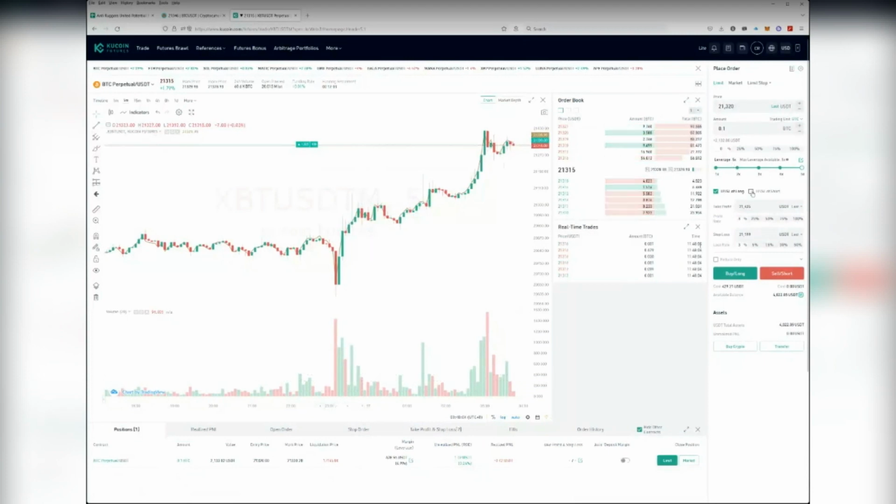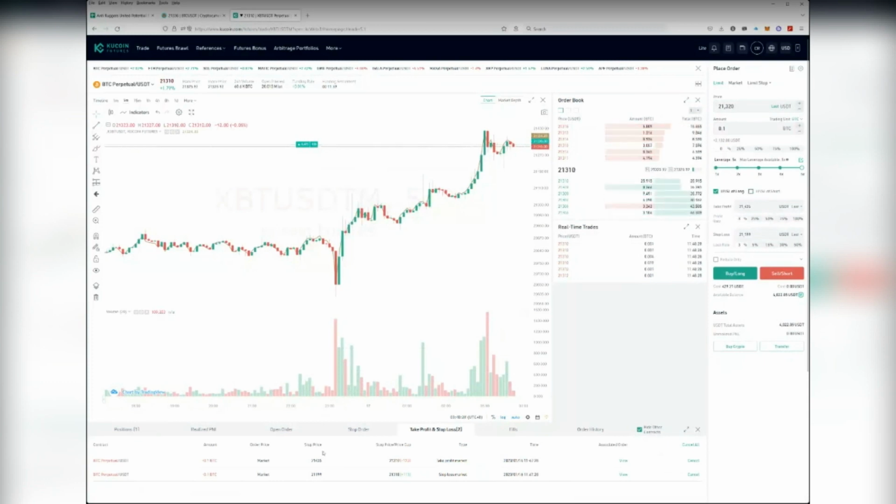So anyways, there are two places where stop loss and profit orders take in. If you do it this way, with your initial order, you put them in and then do the order, it's going to be in this tab here, take profit and stop loss. See, I have a take profit at 21,199 and a stop loss at 21,199 and a take profit at 21,435.